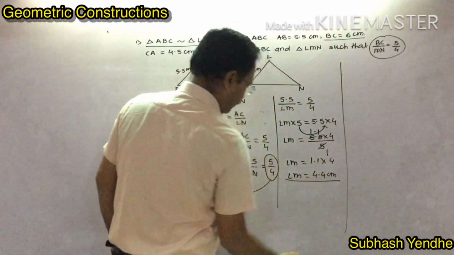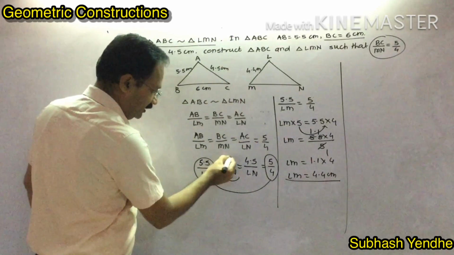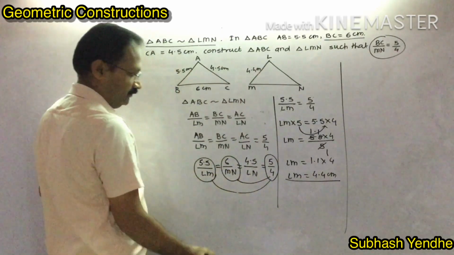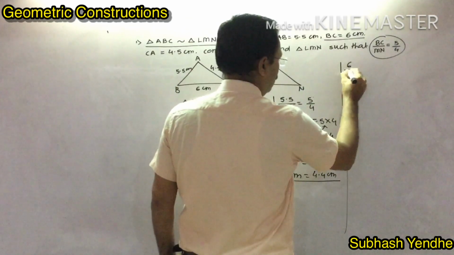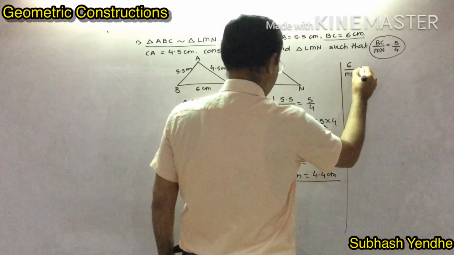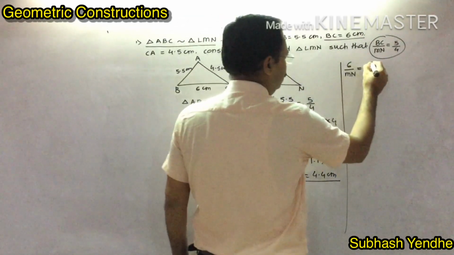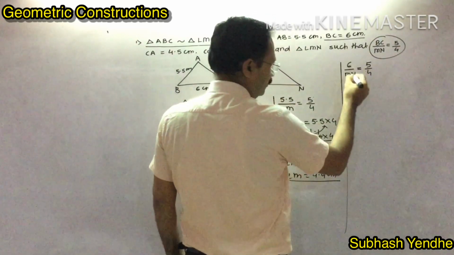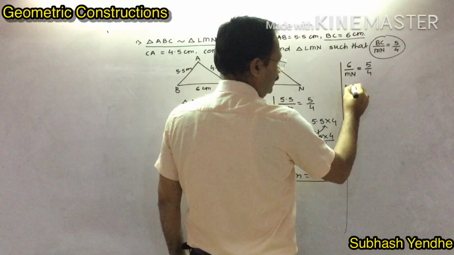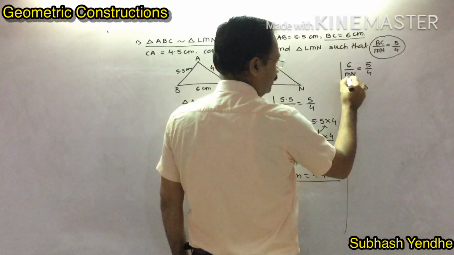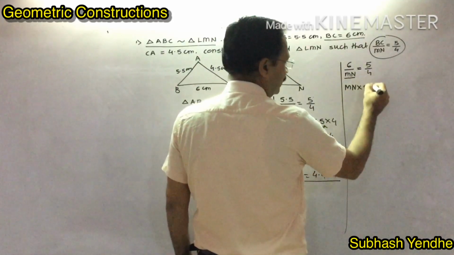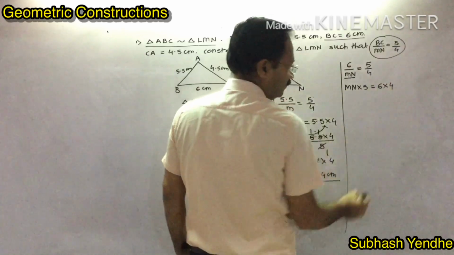Now let's think about the remaining. I am going to take the second ratio here. So 6 upon MN equals 5 upon 4. Now cross multiply: MN into 5, because I want to find MN, equals 6 into 4.